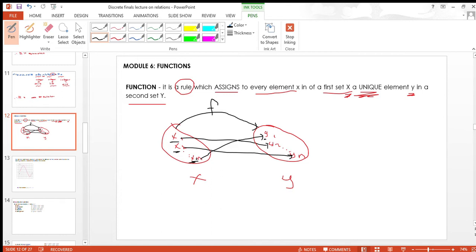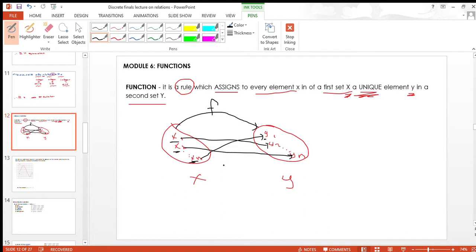Unlike relations, where, since a relation is a subset of our Cartesian product, we just pair every element of the first set to each element of the second set. That cannot happen for functions, because each element here must have a single or unique partner in the second set. Okay?